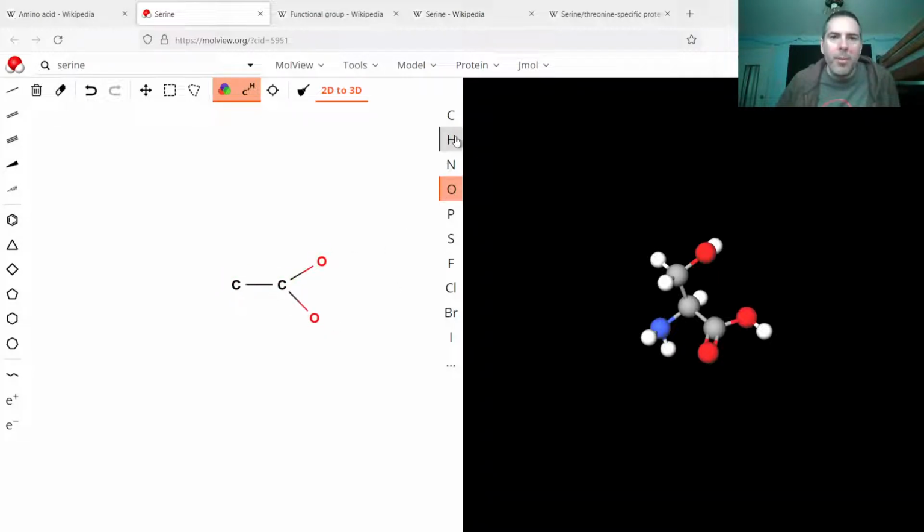So again, I'm just drawing the starting point for all amino acids. Right, and the serine side chain is going to be a methyl group with a hydroxyl group.